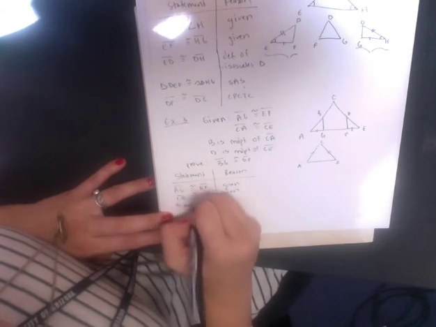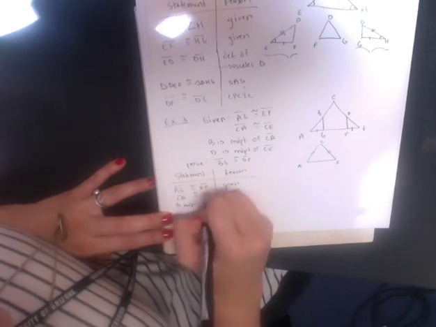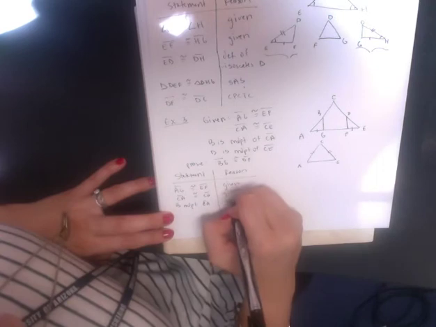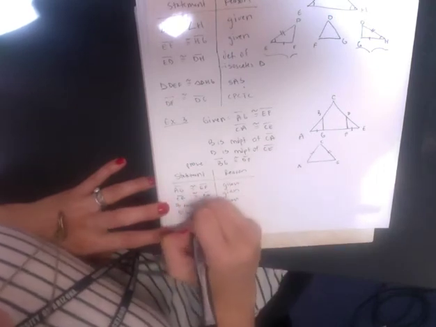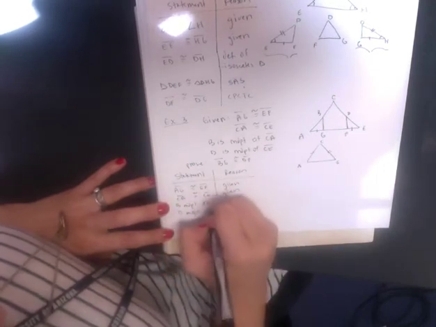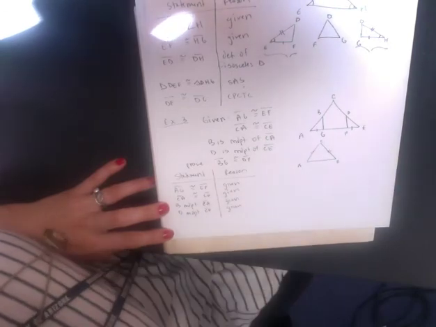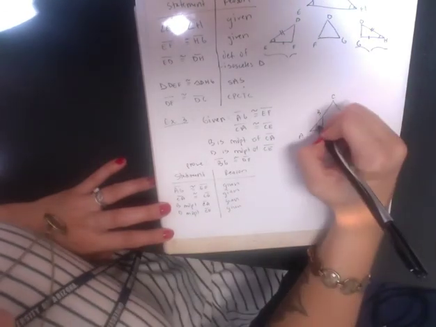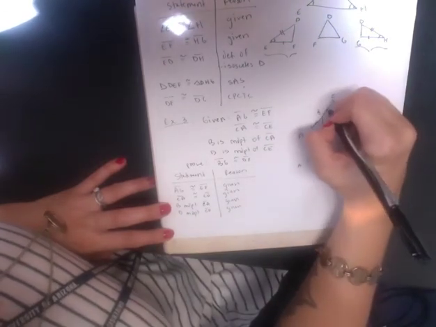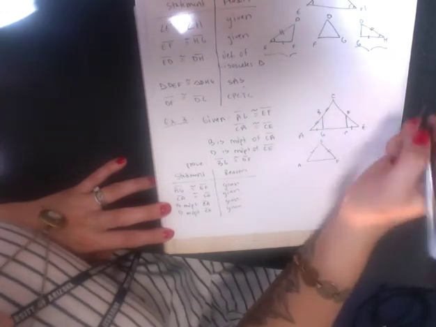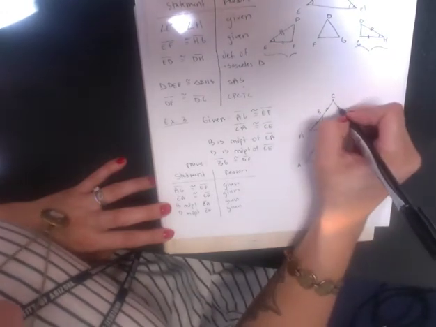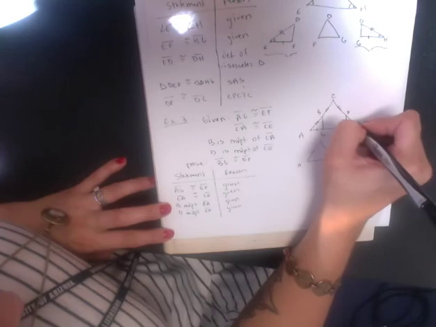B is midpoint of CA, given, and D is midpoint of CE, given, which tells me that this segment is congruent to this segment, and this segment is congruent to this segment.